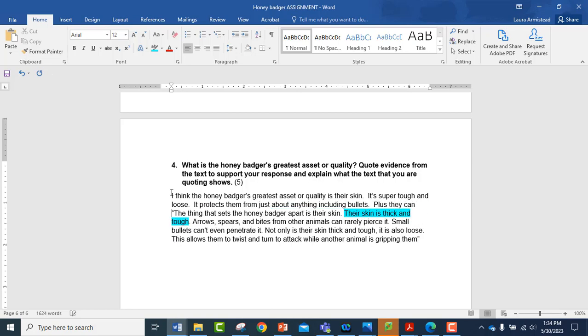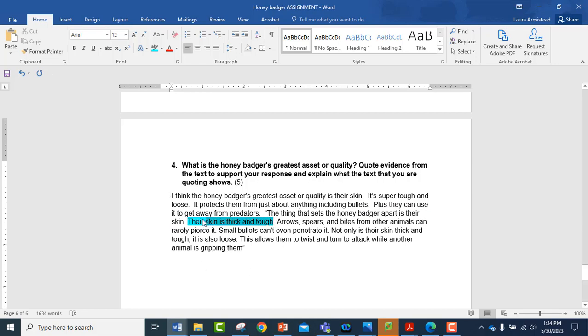Plus, they can use it to get away from predators. So there we go. There's my answer. So I've answered the question and I've backed it up. So that's basically how you would use the reading strategies that we've just learned, how you would put them into practice. So I hope this has been helpful for you, and good luck on your reading of The Tell-Tale Heart.